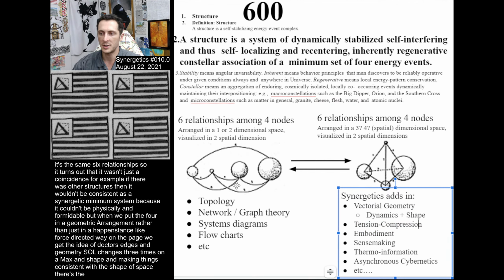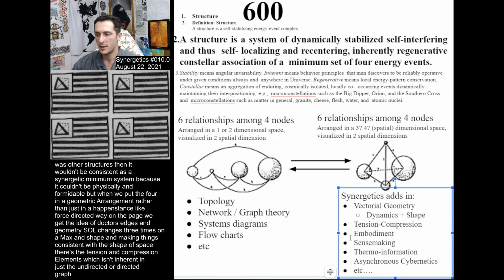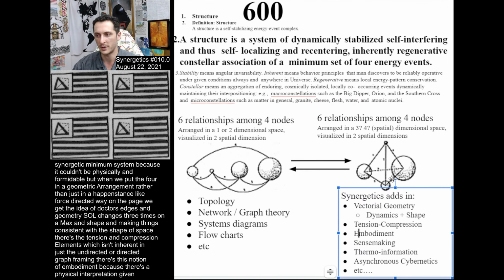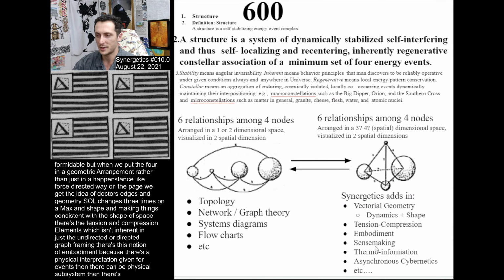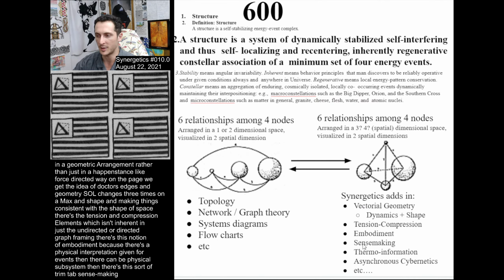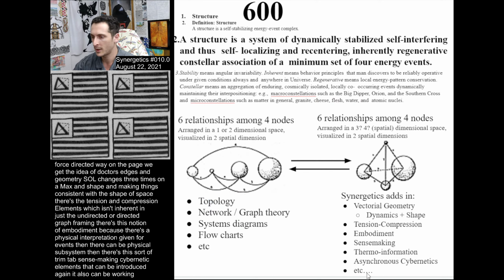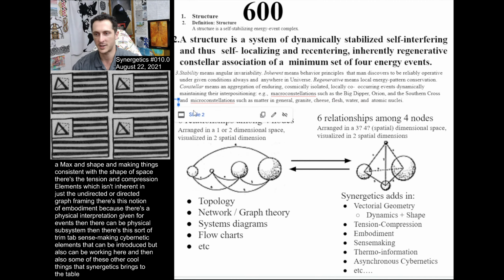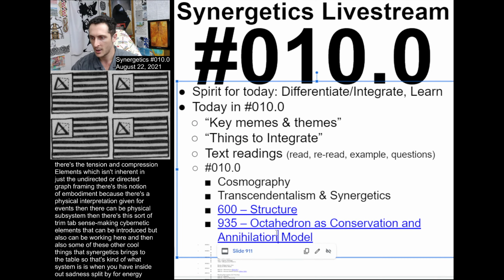There's this tension and compression element, which isn't inherent in just the undirected or directed graph framing. There's this notion of embodiment, because there's a physical interpretation given for events, then there can be physical subsystems. Then there's a trim tab, sense-making, cybernetic element that can be introduced, and some other cool things that Synergetics brings to the table. So that's what a system is when you have insideness and outsideness split by 4 energy events.